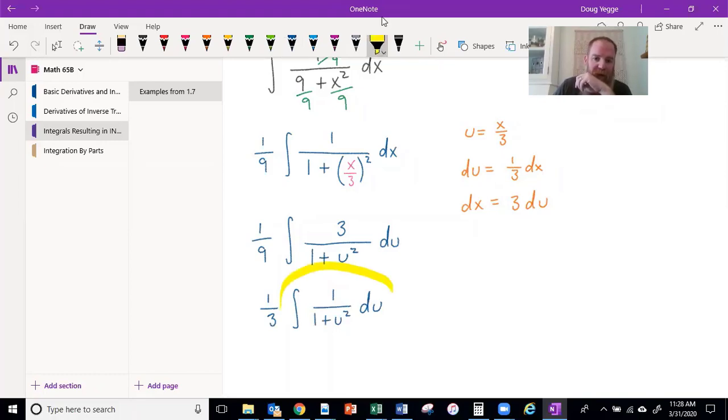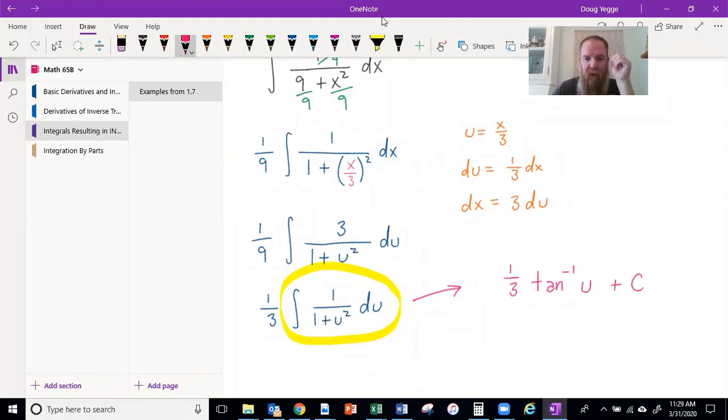So what does that look like? Tan inverse? That looks like a standard tangent inverse function. So I could just automatically rewrite this as tangent inverse of u. But wait, hold on, there's an extra coefficient of 1/3.